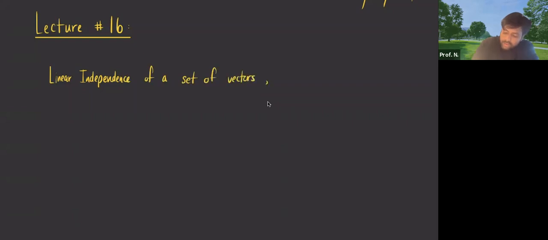So if I have vectors v1, v2, all the way to vn, if I have n vectors and I want to demonstrate that these are linearly independent vectors, then you do the equation C1v1 + C2v2 + all the way to Cnvn, and you set this equal to 0.